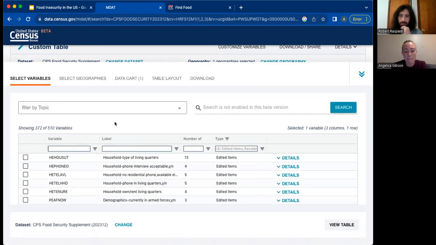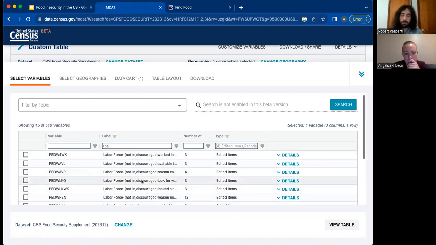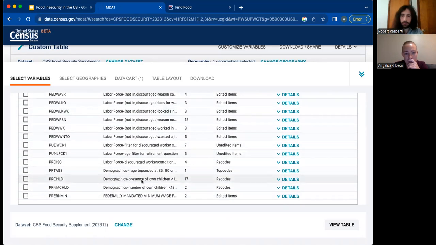The age one, I'll show you guys actually how to find this. In this label search you can search for the thing you're interested in. Of course, labor force isn't at all what we want, but this demographics one is the correct one for age.